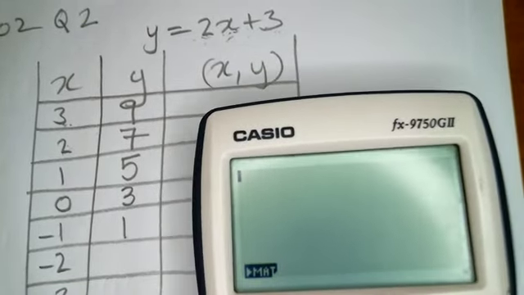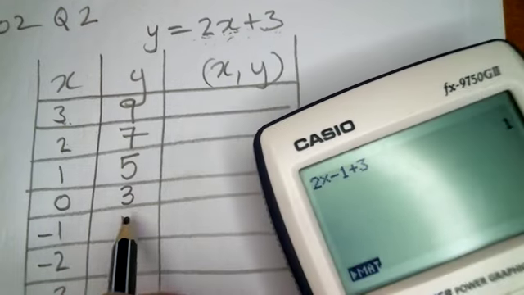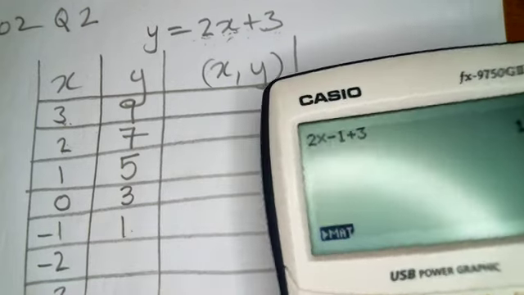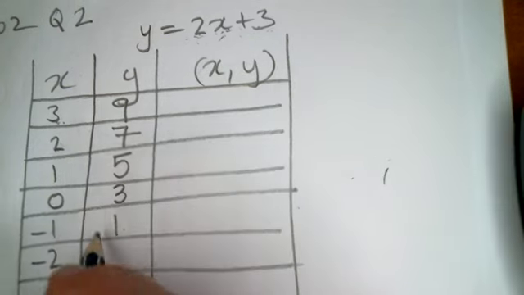So 2 times -1 plus 3 is 1. Fantastic, that's correct. Let's do the -2 one. I'm going to have 2 lots of -2, plus 3, which is -1. So I've got -1 here.